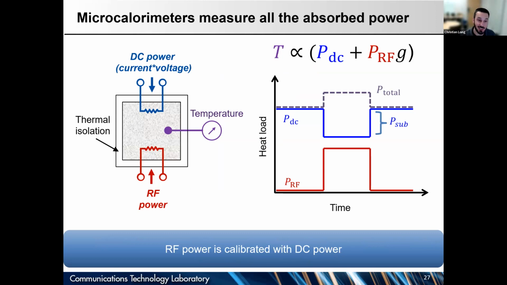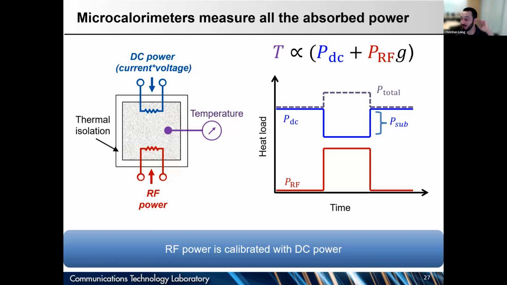So the idea is that the whole power sensor gets treated as a thermally isolated body, and we try to build a special instrument that separates it from the environment. And then we put some RF power into it and some DC power into it, and we see how warm the entire power sensor gets. And that temperature rise is proportional to the DC power and the RF power that's going into it.